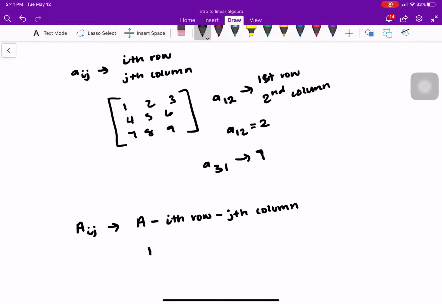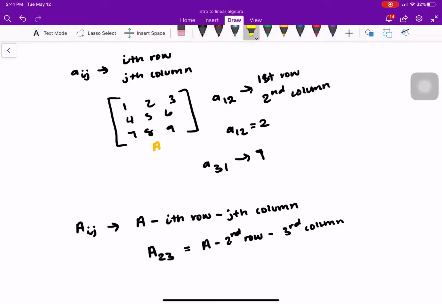It's better with an example. Say we're looking for capital A_23 of the same matrix A. We take the original matrix A and, quote unquote, subtract the second row and the third column.